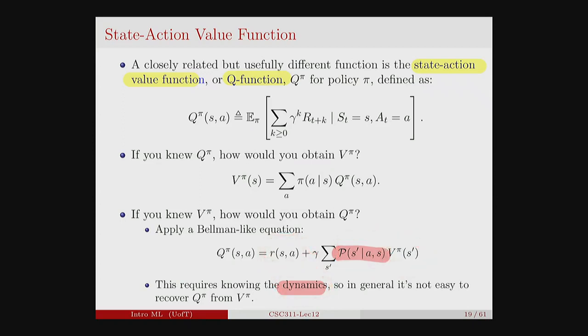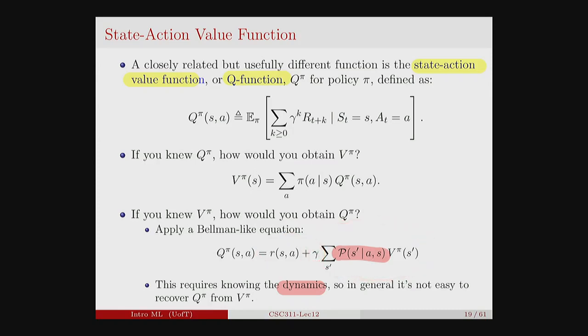Because remember, this Q function of S, A is the future discounted reward of being in state S and taking action A. The future discounted reward is the current reward plus gamma, which is the discount factor, times the future reward.